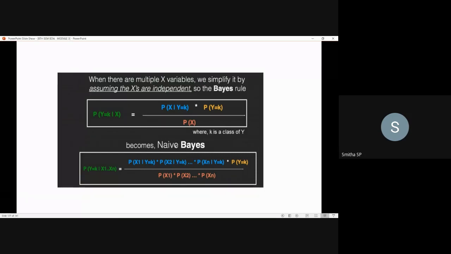When you have multiple x variables, multiple features, and you want to compute the probabilities, you can have this naive Bayes rule by making those features, the x variables, independent.